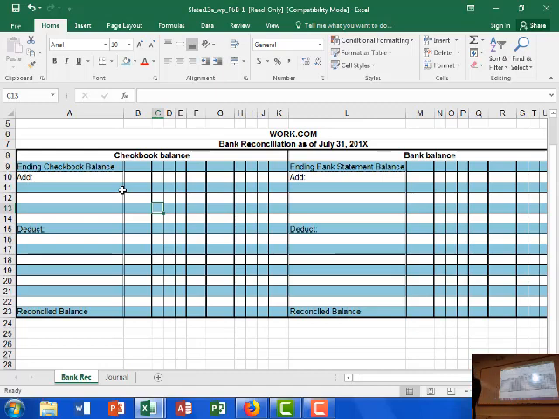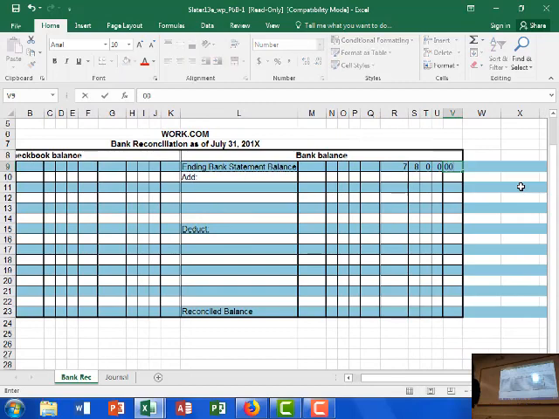So notice what it says. It says that work.com received a bank statement from the Waldorf Bank indicating a bank balance of $7,800. Bank balance. So which side is that going to go on? Right there. $7,800. Wouldn't that be nice? I don't even have that much.